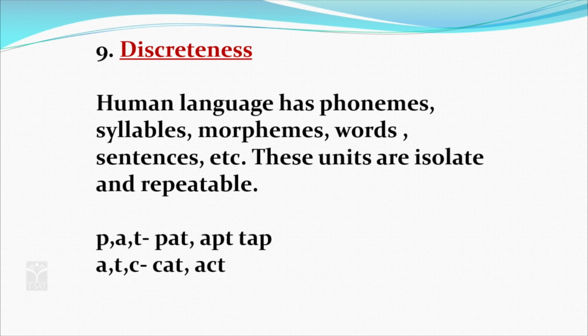So p, a and t: the same elements are found in words pat, apt and tap. Similarly, the letters A, T, C are found in words like cat and act. So this is discreteness. And the last one is reflexiveness.